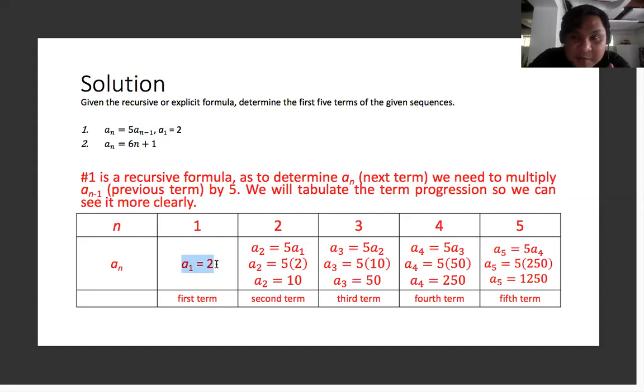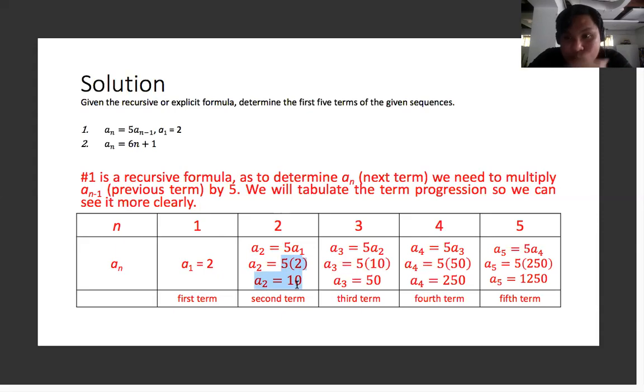So once we write the sequence, it's more like 2, then the second term, which is defined as a sub 2, is equal to 5 times the previous term. So the second term is 5 times a sub 1. And a sub 1, as defined here, is actually 2. So a sub 2 is equal to 5 times 2. Thus, a sub 2 is simply 10. Okay? So the first term is 2, followed by 10.